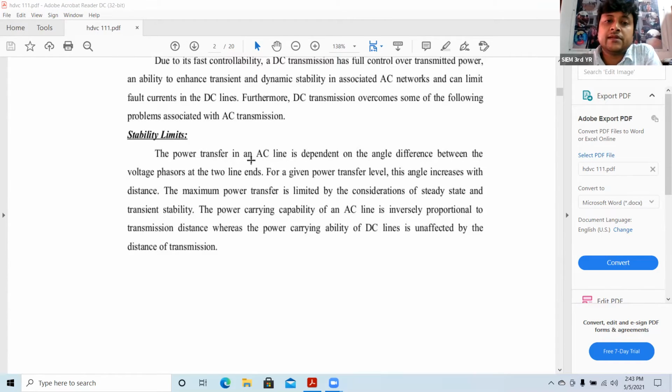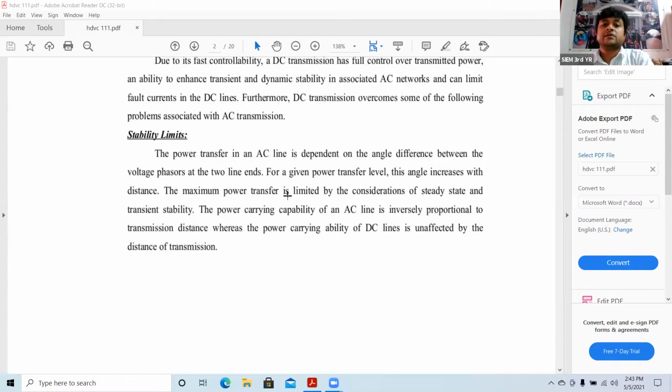The power transfer in an AC line is dependent on the angle difference between the voltage phasors at the two line ends. Because whenever you are going to calculate the AC one, you have to also find the angular difference between the voltage and the current. Now, for a given power transfer level, this angle increases with distance.